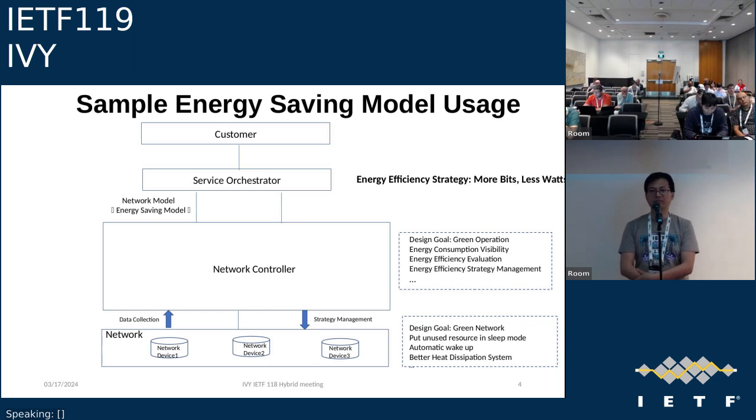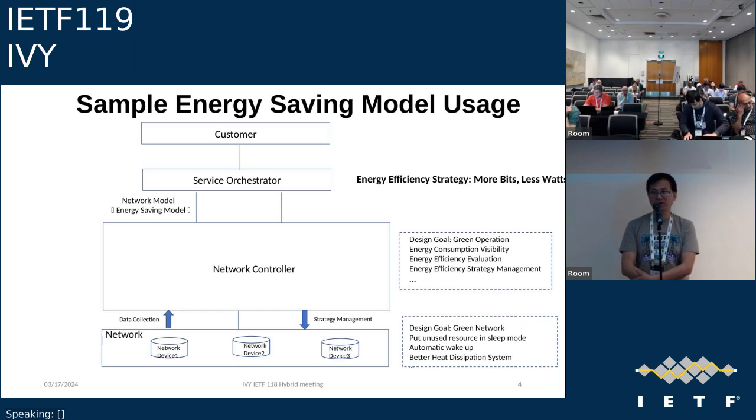So we can generate some energy efficiency strategy, and populate this strategy or policy on the network device. In addition, we may rely on the network device, which has some energy saving capability, so we can enable this capability. For example, we can put unused resources into sleep mode, and we can also rely on the device to automatically wake up.